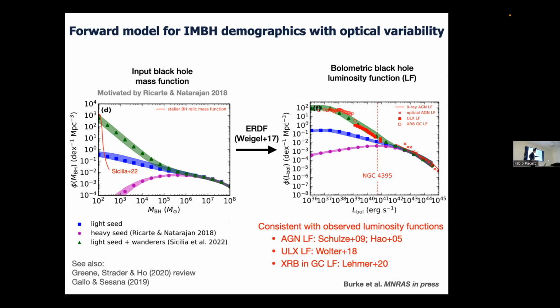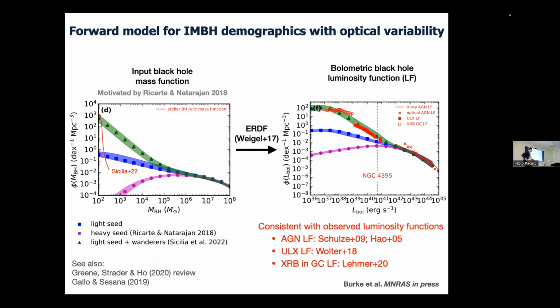And what you can see is that for the more luminous AGNs, accreting black holes, this is bolometric luminosity, we've fixed that to match the local luminosity function of AGNs from observations. So that matches what you see in the optical as well as the X-ray luminosity function.